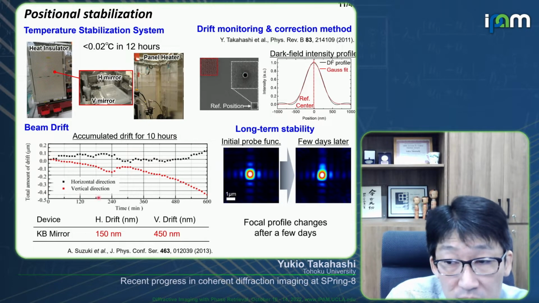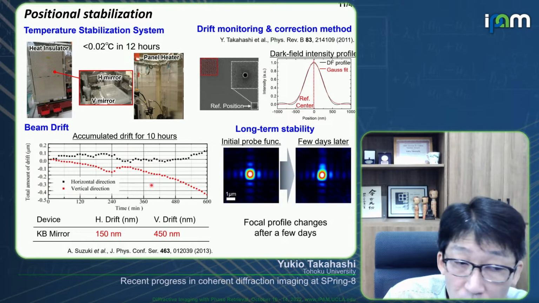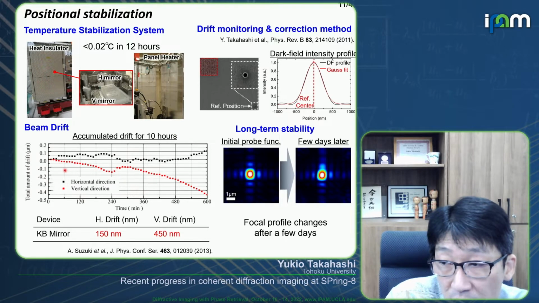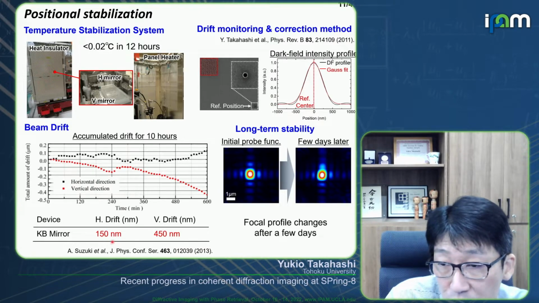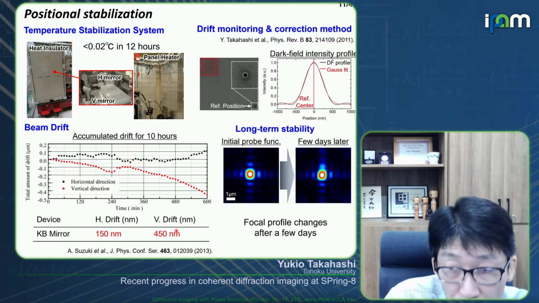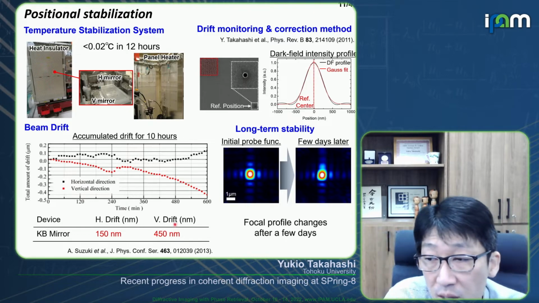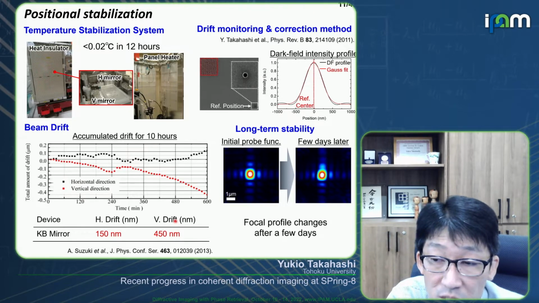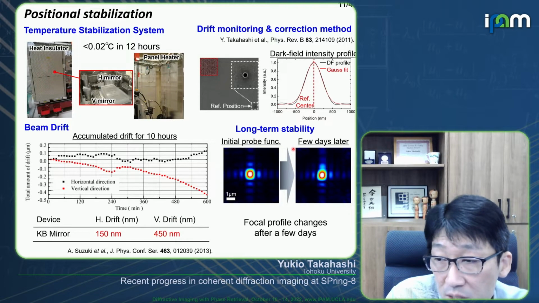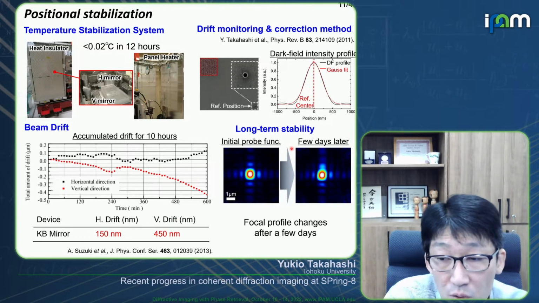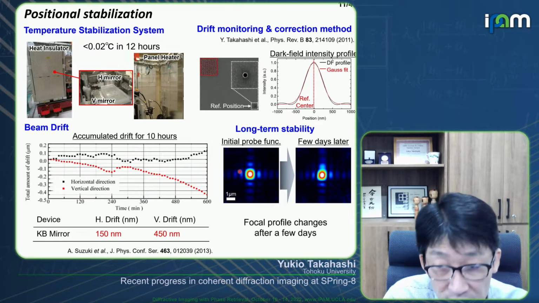Here is the time dependence of the beam drift at the sample position. Accumulated beam drift for 10 hours was 150 nanometers horizontally and 450 nanometers vertically, which was sufficient for short-term ptychography measurements. However, long-term stability was still insufficient and the probe changed after a few days.